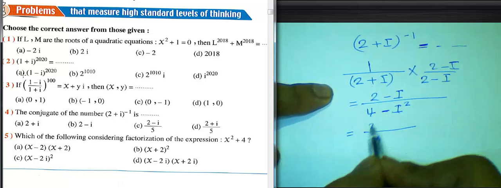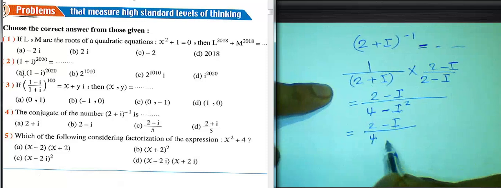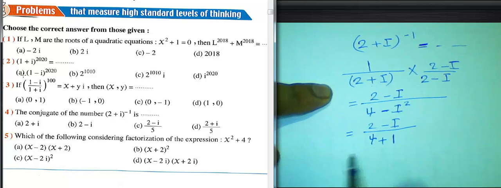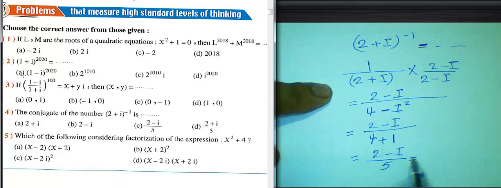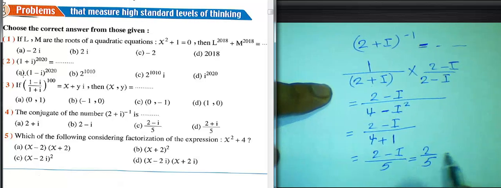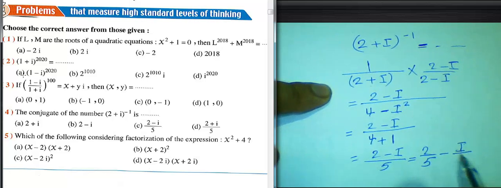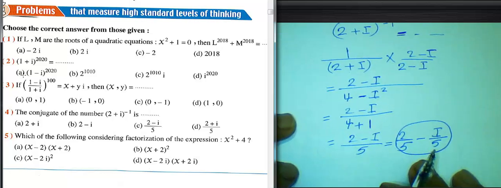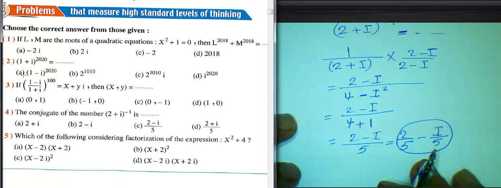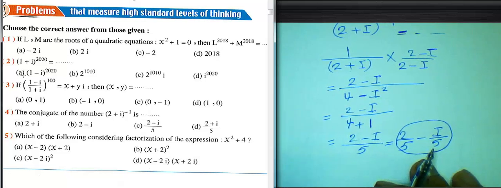So the result will be 2 subtract i over 4 plus 1. The result will be 2 subtract i over 5 equal 2 over 5 subtract i over 5. So the conjugate of this will be what? Look at the examples. The conjugate is 2 plus i over 5.